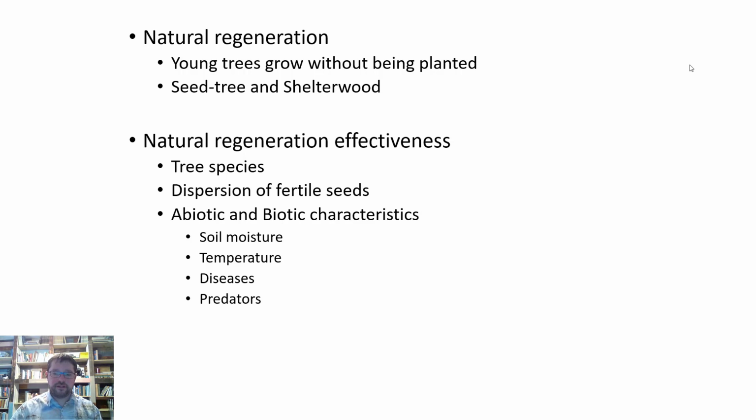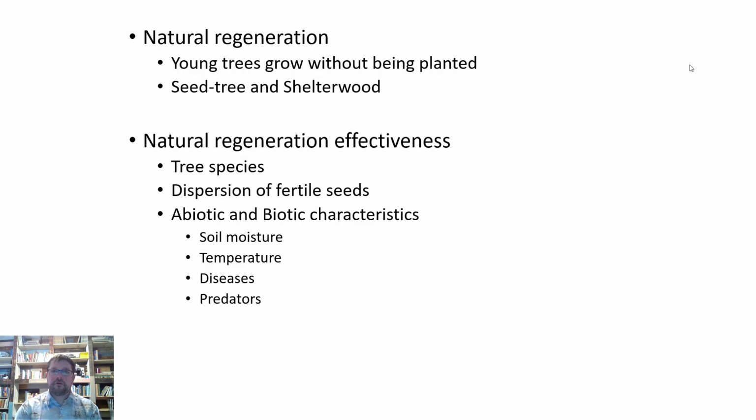If the purpose of the land is to cut the trees 30 years from the date that the tree is planted or germinated, then maybe you don't want that many separate tree species. Okay? Natural regeneration allows for dispersion of fertile seeds. And these fertile seeds are genetically different from each other. Not always, but at least there's some genetic diversity.